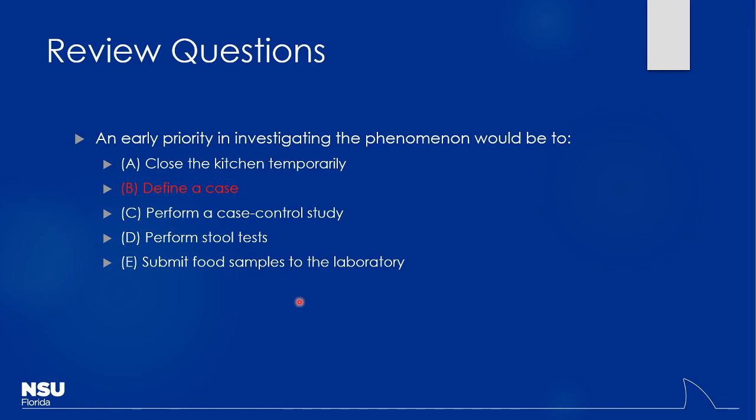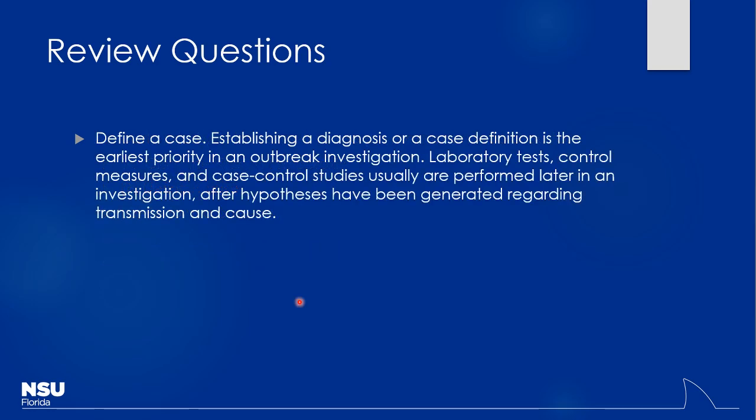The guy who had to go get a cholecystectomy might not really fit the bill. He may have had abdominal pain, but does he fit the same picture as these other patients? Maybe not. So you have to define what your case is going to be before you make any other rash decisions, because maybe it's not related to the kitchen. Maybe it's not related to anything you'd find in the stool sample. These are things you may do as a follow-up, but initially you have to define what your case is. You get your definition first, and then you can go on from there.